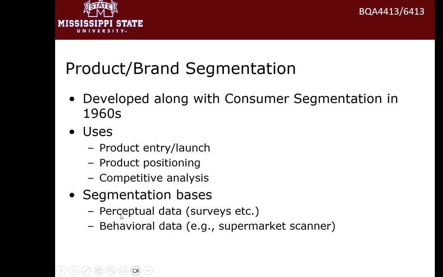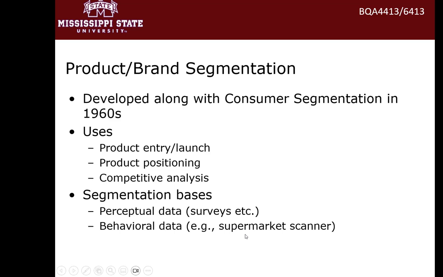When I segment products, I can look at perceptual data, how people rate my product and what people believe with respect to my product. In the example we're going to do with the data, we've got some very simple perceptions of different types of car brands. And then we'll look at behavioral data, how people behave.